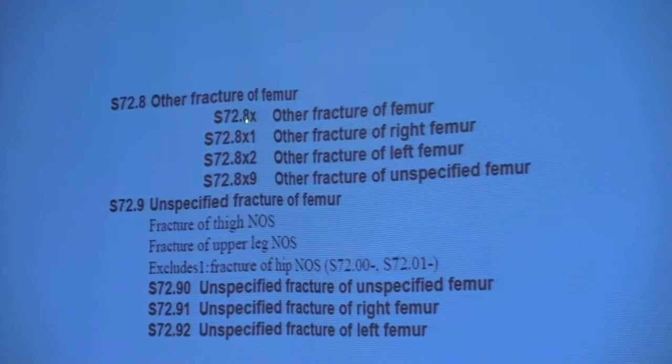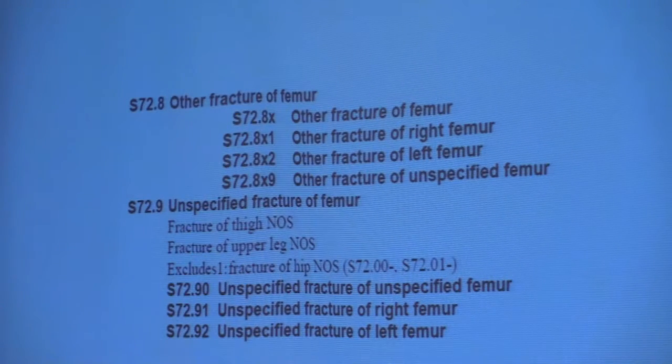If I look further down, we'll see S72.8, other fracture of the femur, S72.8X, and X is simply a placeholder. This is not a code. It's a subcategory, because it has these things down here that are more detailed. The rule is if you have any children, you are irrelevant, which we all know.